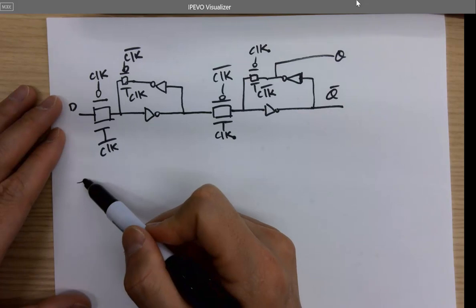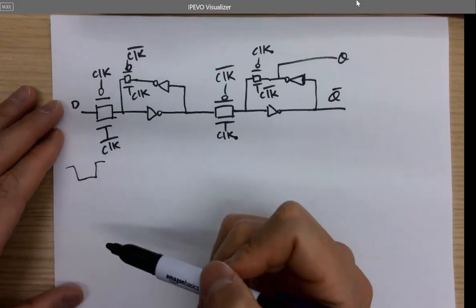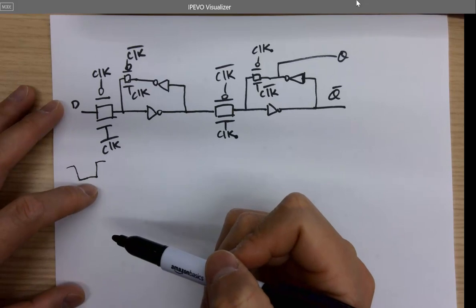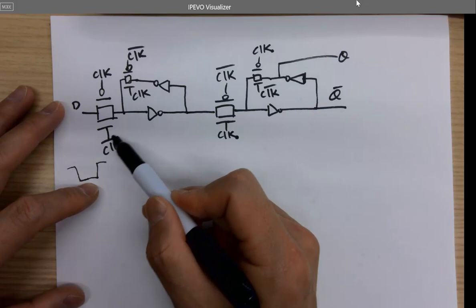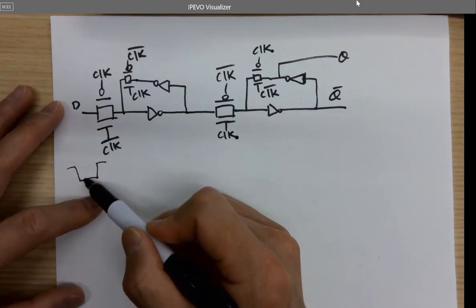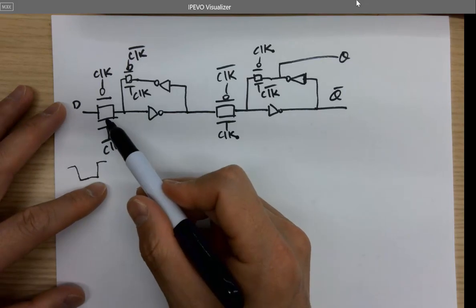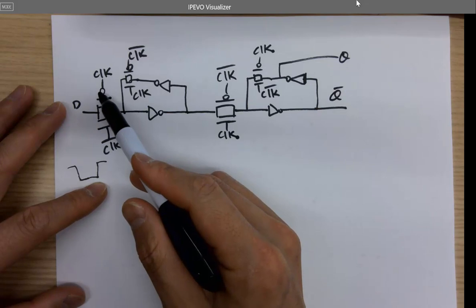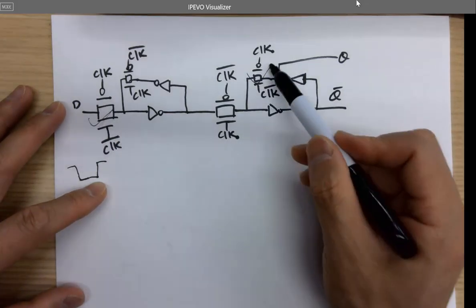So when clock is low, for example, what does clock bar mean? It's inverting clock, right? It's inverting the clock signal. So when clock is low, clock bar is 1. So this NMOS is on, and this PMOS is on as well. So this is on, right? And this is also on.